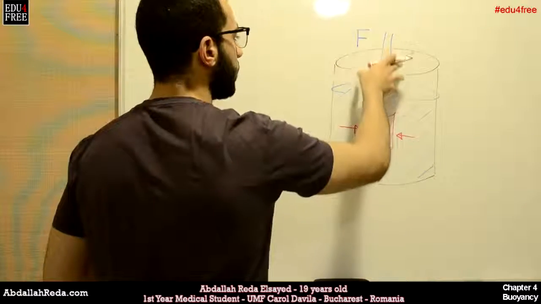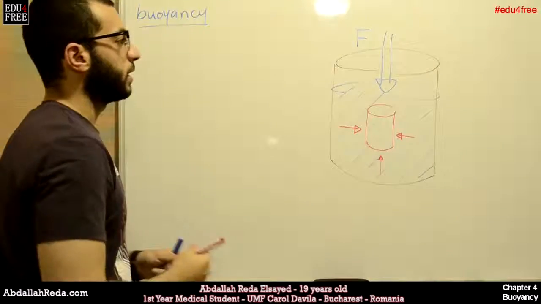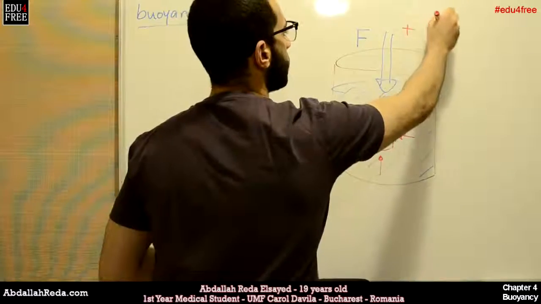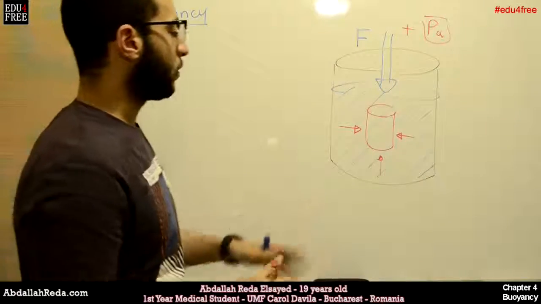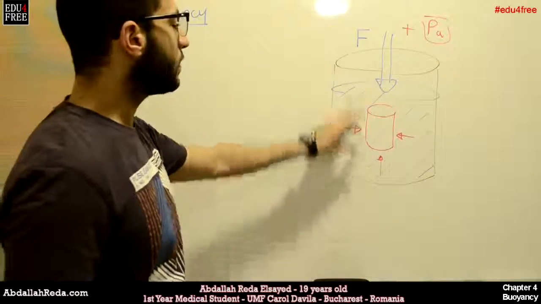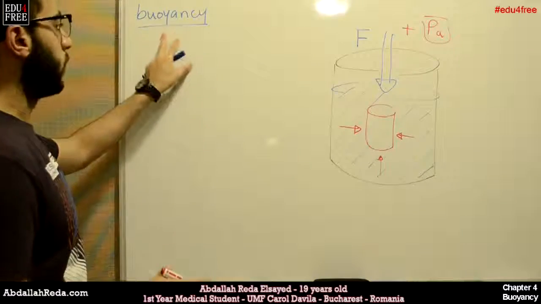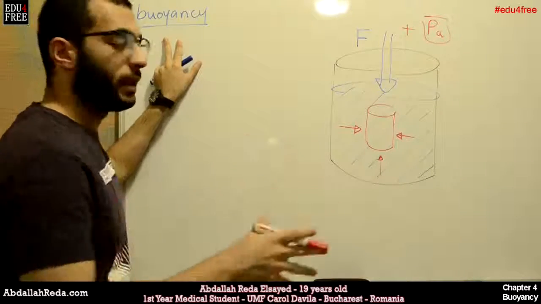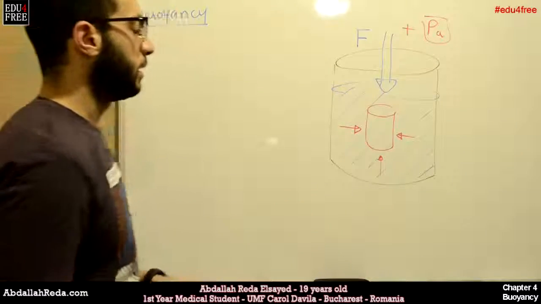But the upper force and the lower force will not cancel each other because here we also have the atmospheric pressure. So actually they're not completely equal and they will not cancel each other. So these forces will be calculated, and this is how we calculate the buoyancy. This is how we determine if an object is gonna sink or float or stay suspended in the liquid.